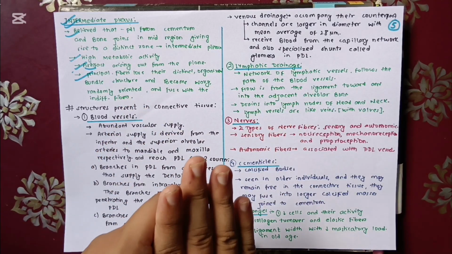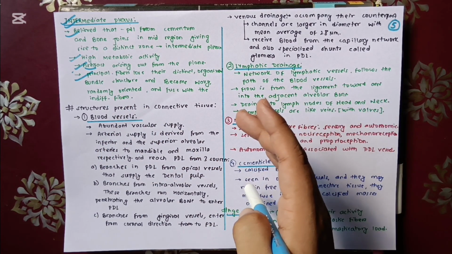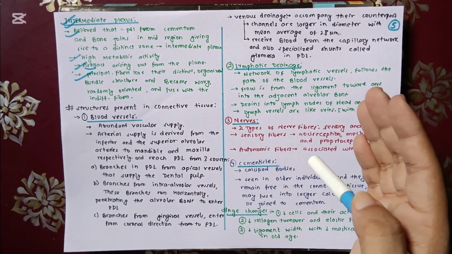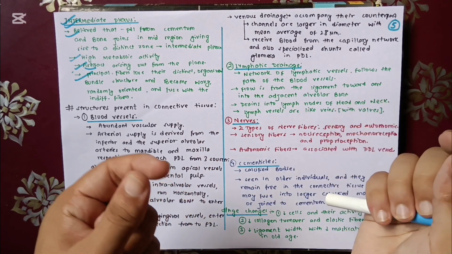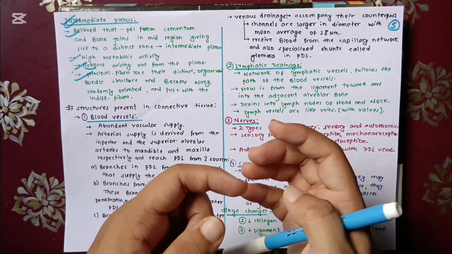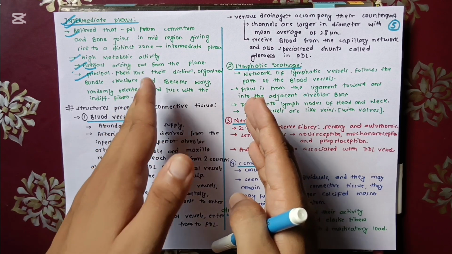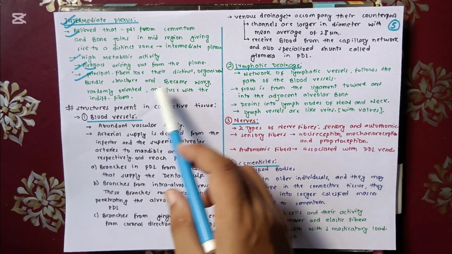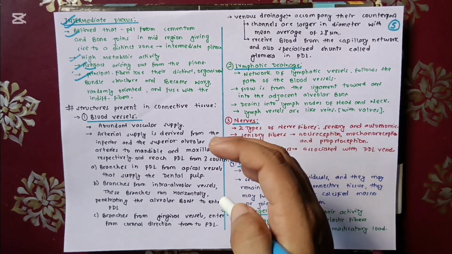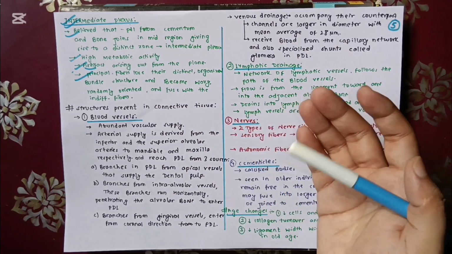Those 4 points are: it is the region that is formed at the mid region between the cementum and the periodontal ligament. The fibers from the cementum and the fibers from the periodontal ligament intermingle at the mid region, and they form the plexus that is called the intermediate plexus. The fibers in this region are disorganized; the bundle structure is not distinct, and they are wavy and randomly oriented.